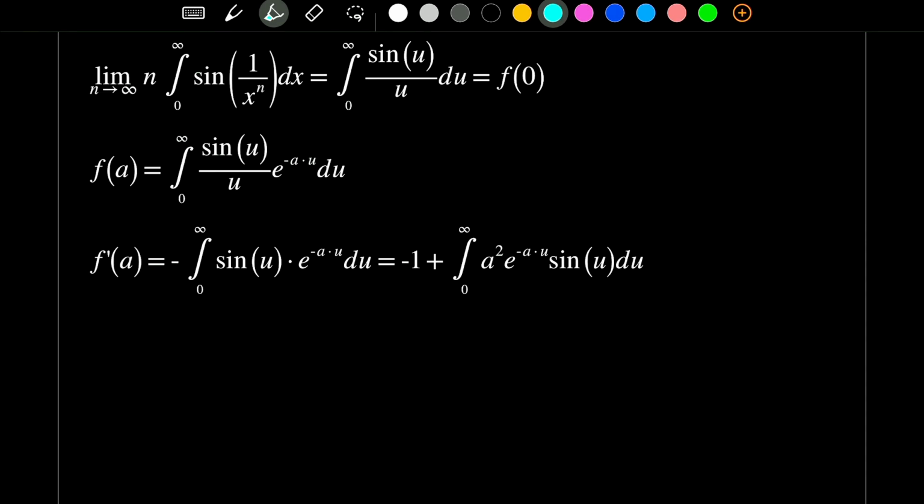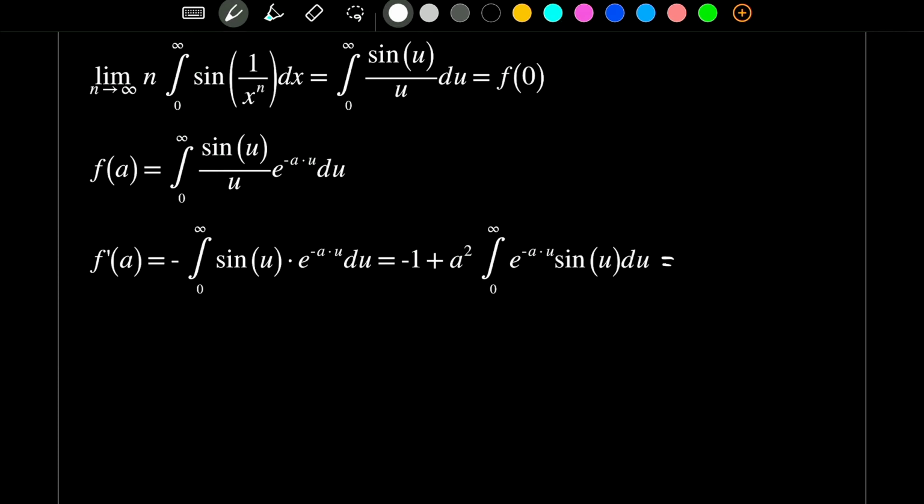And let's also notice that a squared is actually just a constant with respect to u, so we can write this integral as a squared times the integral from 0 to infinity. Now, as I just said, this entire part is just the exact same, but there is this minus sign, which is different from our f prime of a. So let's see what that actually gives us.